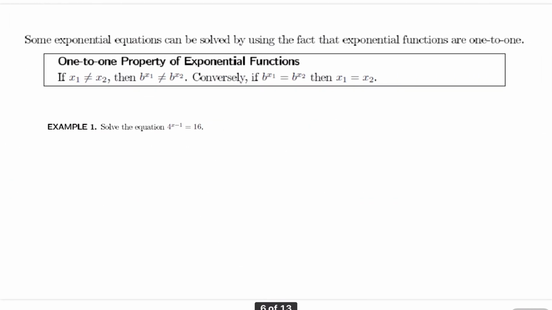Some exponential equations can be solved by using the fact that exponential functions are one-to-one. If we have two distinct values of x, then their images, or the values when you substitute x1 and x2 into your exponential function, are also distinct, since x1 is not equal to x2.